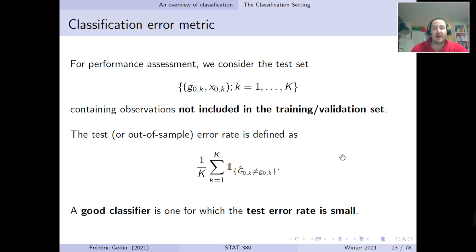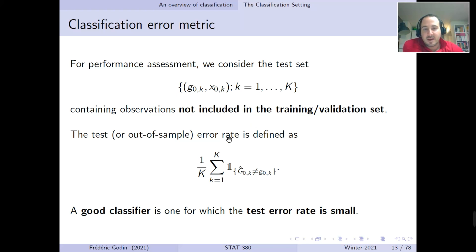Analogously, you could define the test error rate or validation error rate. So if you have a new, out of sample data set containing capital K observations, where G_0k is your kth response out of sample and X_0k is your kth set of predictors for the out of sample data. So here the 0 represents out of sample. And these data are not included in the initial training set.